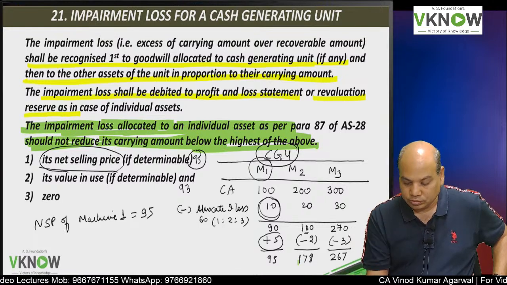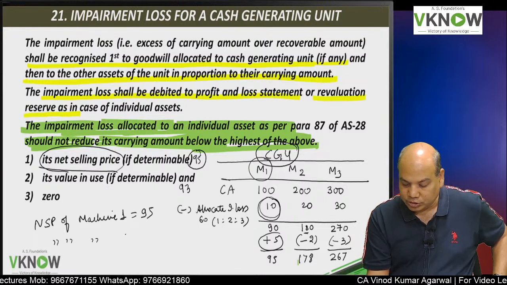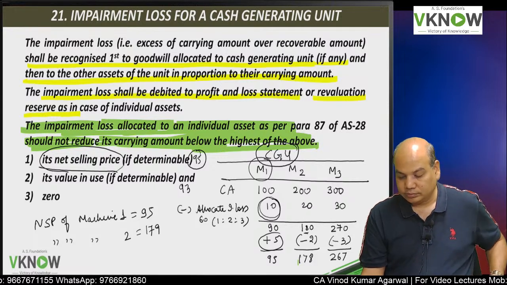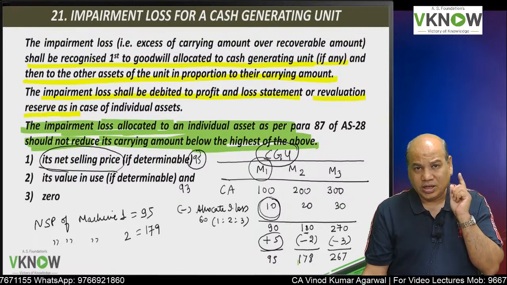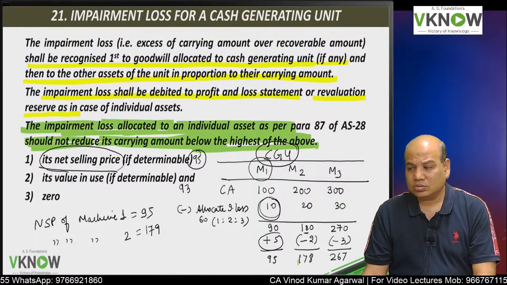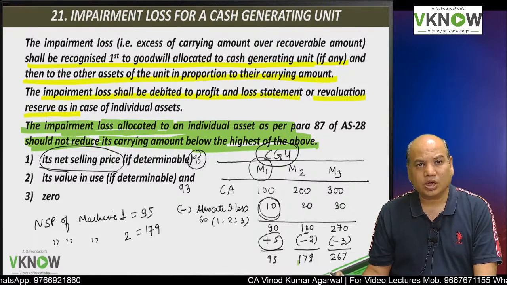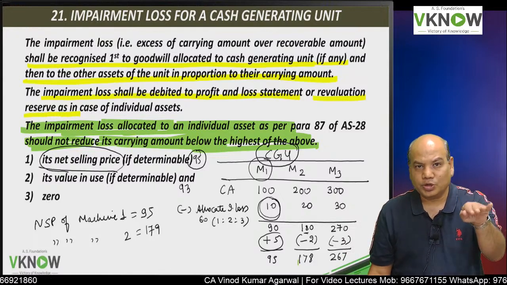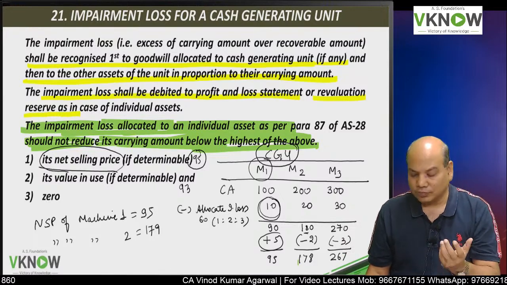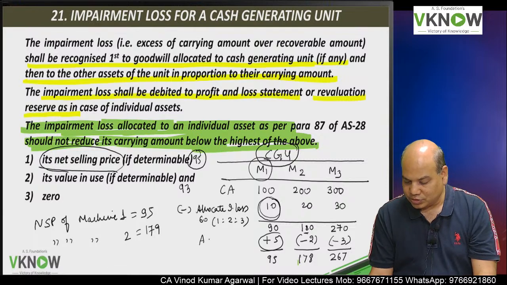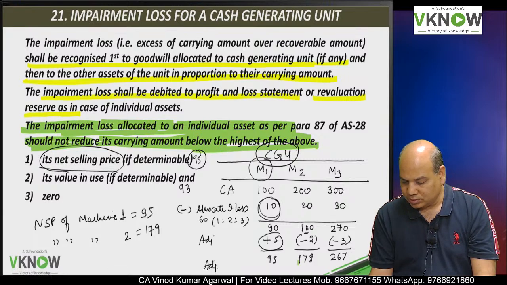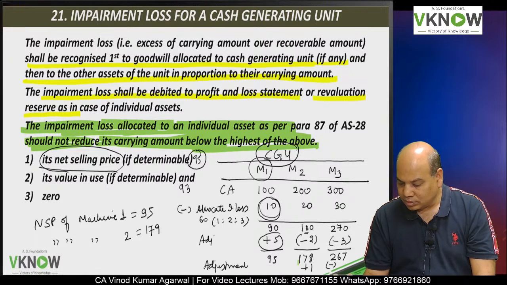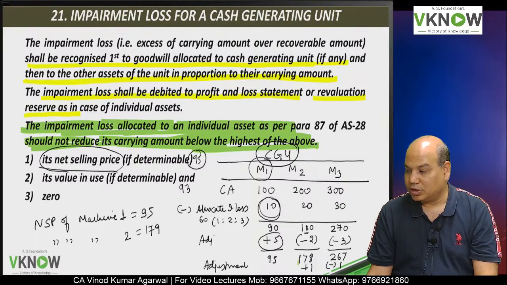Suppose the net selling price of machine 2 is 179. Machine 2 can be sold for 179, but after providing impairment loss you have reduced it to 178. What will you do? Again, an adjustment: you are going to add 1 here and deduct 1 from machine 3.